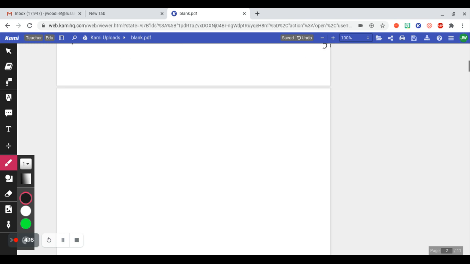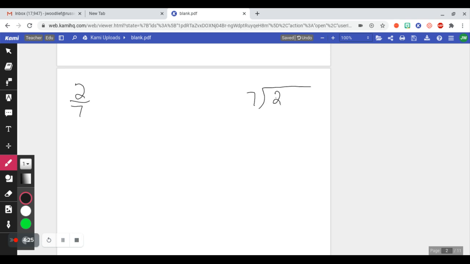Okay, so let's look at some other ones. Let's say we have 2 over 7. That wasn't one we know, so we're going to go over to the side, take 7 into 2. 7 cannot go into 2. We're going to add a decimal. We're going to add a 0. So 7 into 20 would be 2 times. That would be 14. We're going to subtract, get 6, add another 0. 7 into 60 is going to be 8.